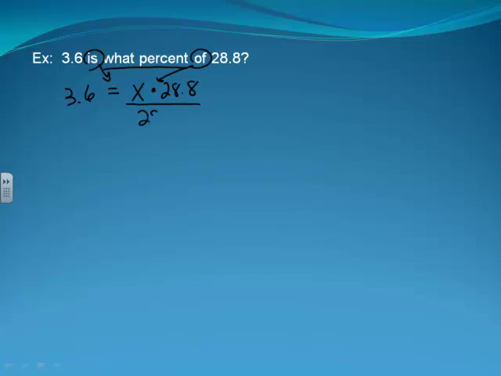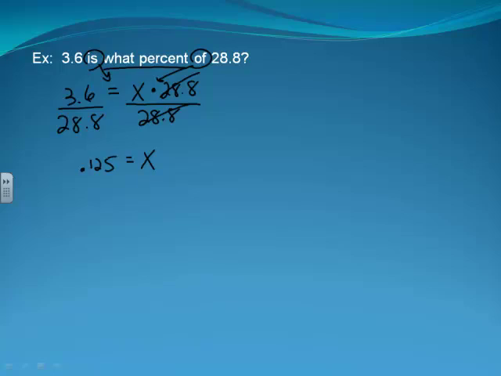It's being multiplied, so the opposite of multiplication is division of both sides by 28.8. That isolates your x on the right-hand side, and if we put that in our calculator, we've got 3.6 divided by 28.8, and that gives us 0.125. But that's the decimal form of our percent.